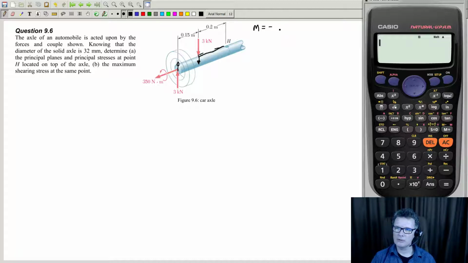So we've got 3000 times by, from this one here to here, 0.35, and then the other one will be plus 3000 times by 0.2.